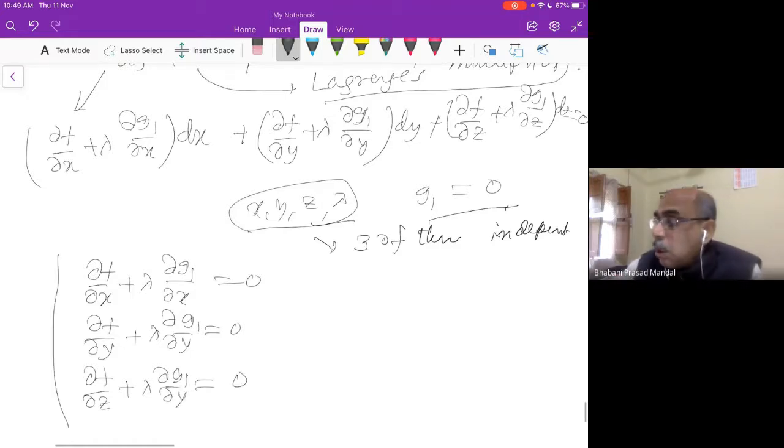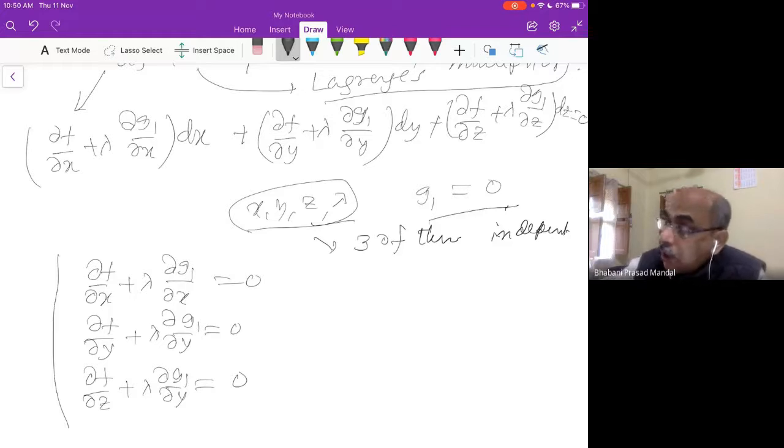So this method says that you can get this condition for extremization, but lambda we put by hand in our theory, right? So if we put lambda by hand in our theory, then we should eliminate this lambda also, right?